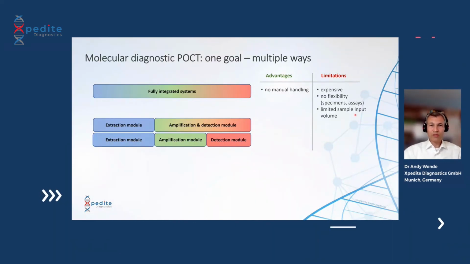And often you see also a limitation in the sample input volume. Mostly these fully integrated systems are not so good in processing larger sample volumes. If this is needed, for example, because you want to detect STI infectious agents from urine, you cannot usually introduce 1 milliliter of urine or even more into the detection with those fully integrated systems.